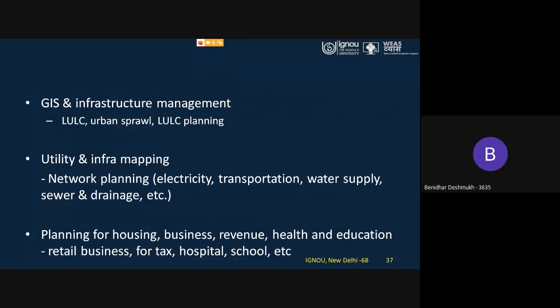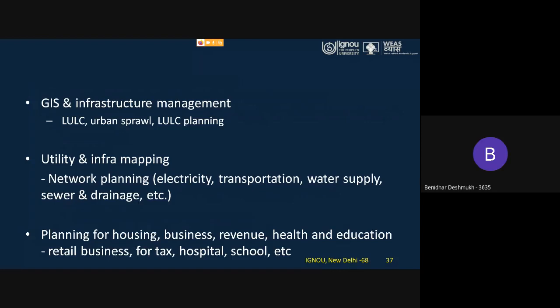So if I take a few examples here, the use of GIS in infrastructure management, I just took the example of land use, land cover that we saw. Then we need to study the urban sprawl, how the urban areas are increasing, in which direction it is increasing. That is called urban sprawl. Then for that we need to make some planning.